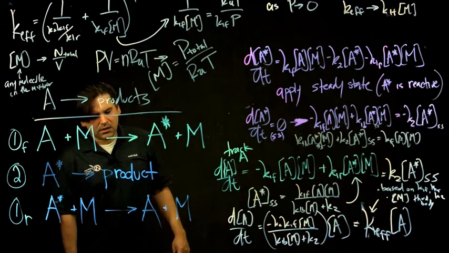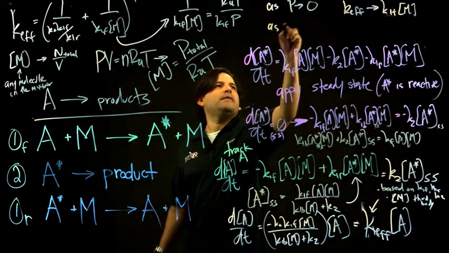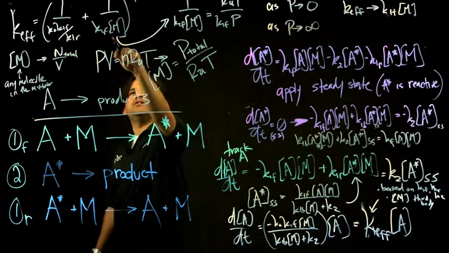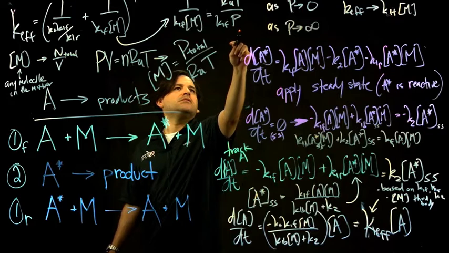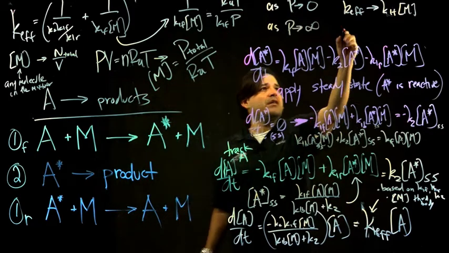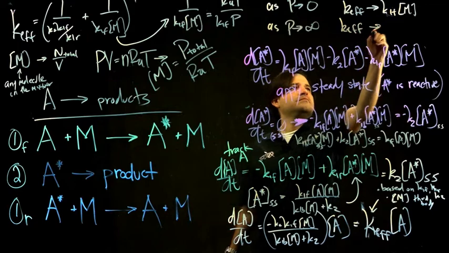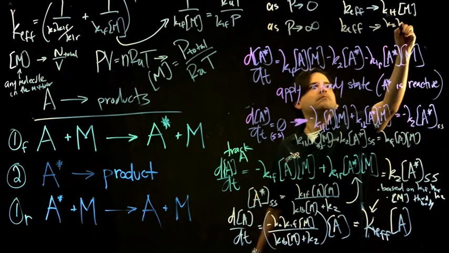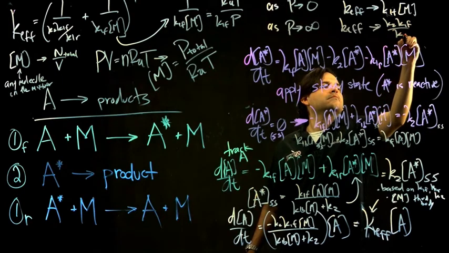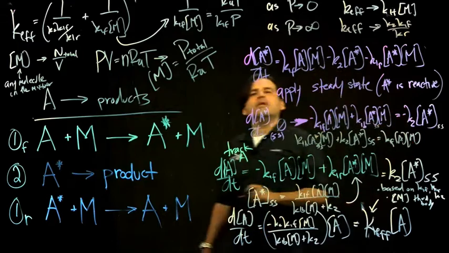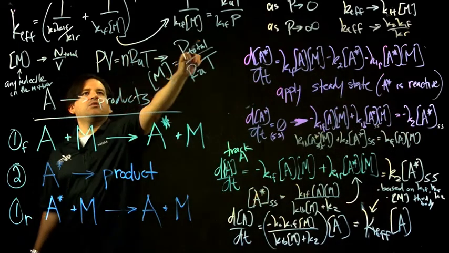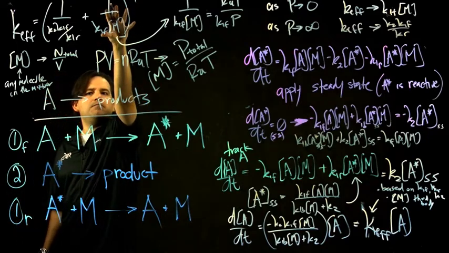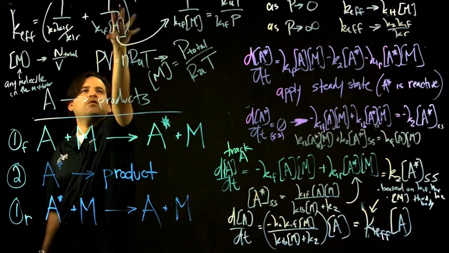Then, in the opposite direction, as P goes to infinity, this goes to 0, so then you're dominated by the left-hand side. Because there's a pressure dependence with this third body here, if you're at super high pressure, this term of this effective rate dominates.